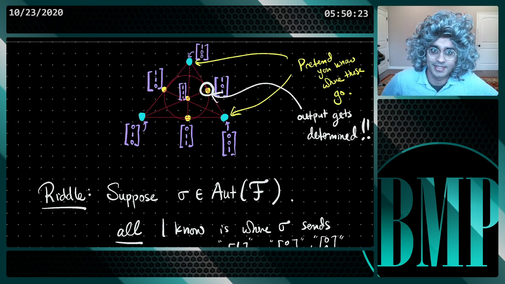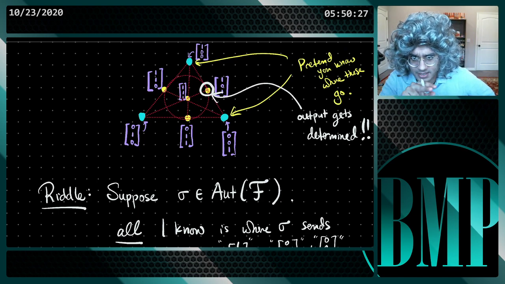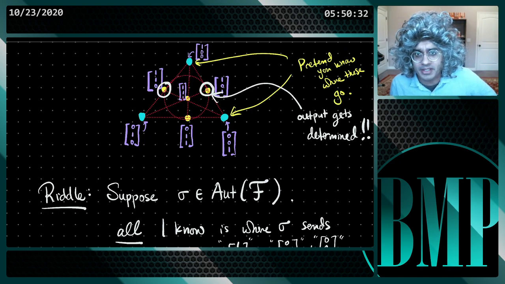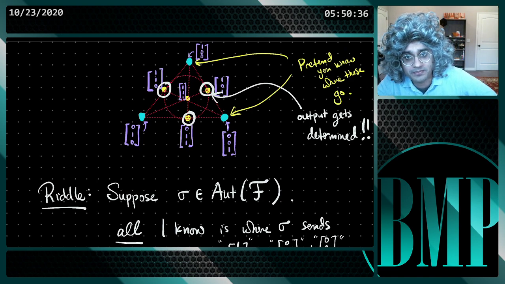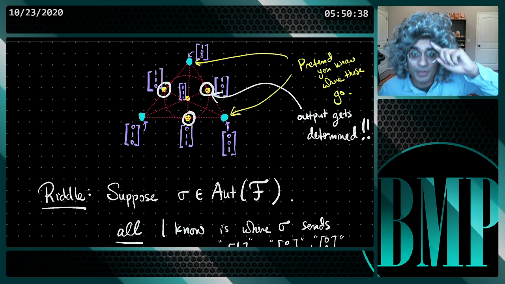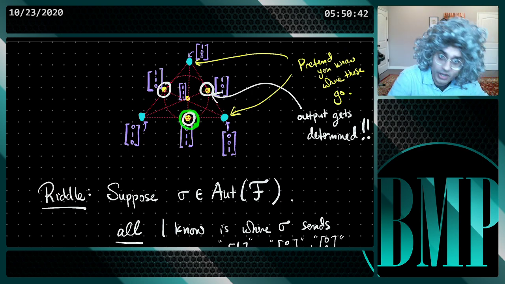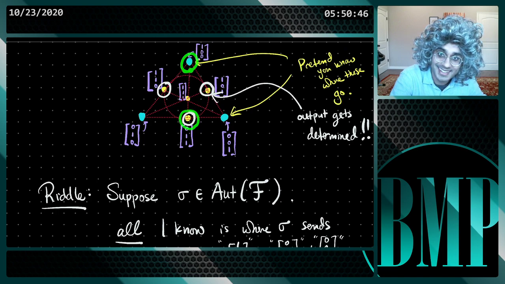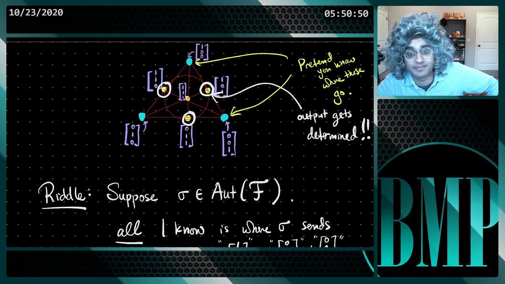But then we're pretending we know where all 3 of these blue dots go. So this one's output is also determined, and this one's output is also determined. But then hold on. You know where this one goes, and you know where this one goes, so this one's output is also determined.